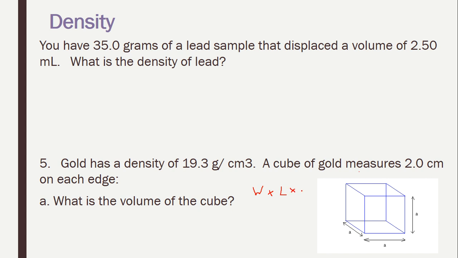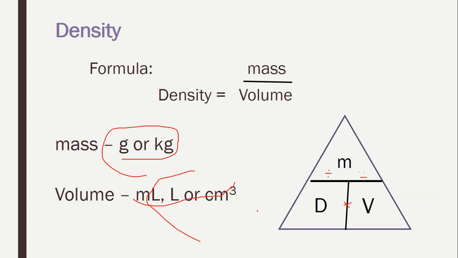So centimeters times centimeters times centimeters becomes centimeters cubed. And it turns out that 1 centimeter cubed is equal to a milliliter. So that's a nice thing for you to know, that 1 milliliter equals 1 centimeter cubed.